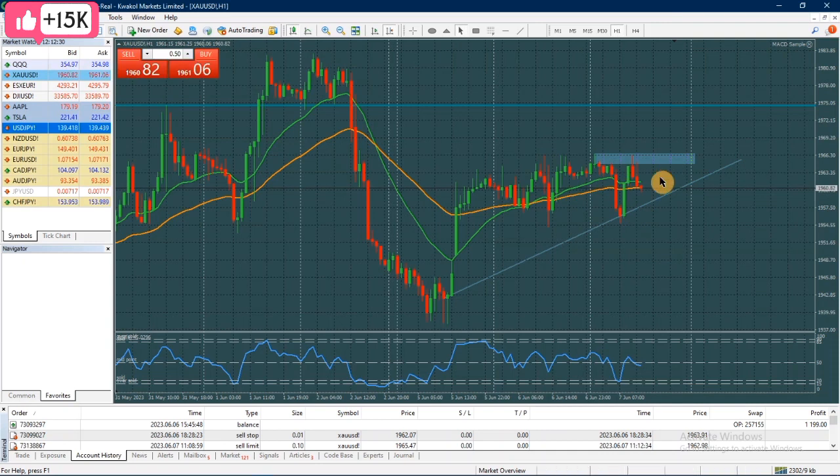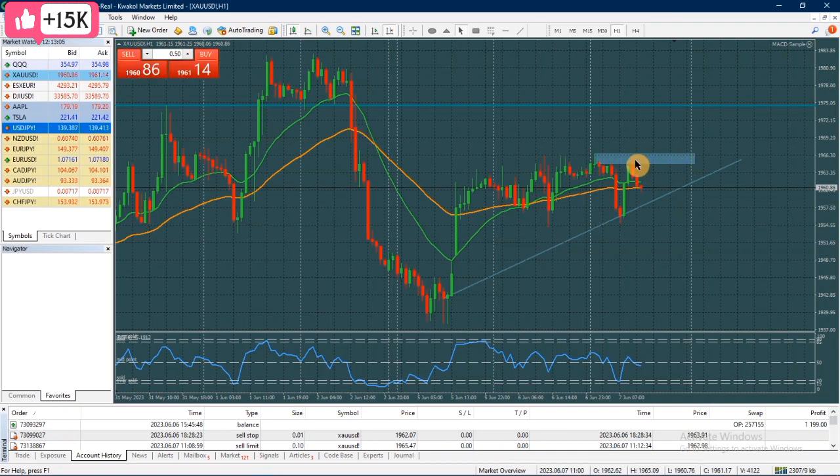You can see what the market usually does heading towards the opening of the market session. You usually have indecision within that period of time. So what you have to do is pick your support area.